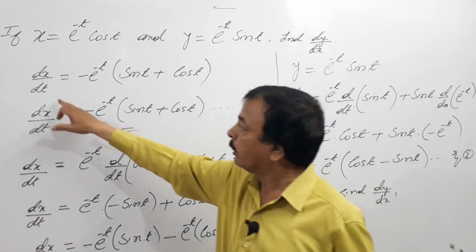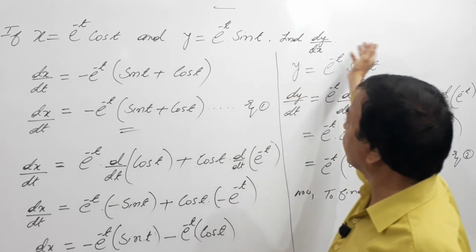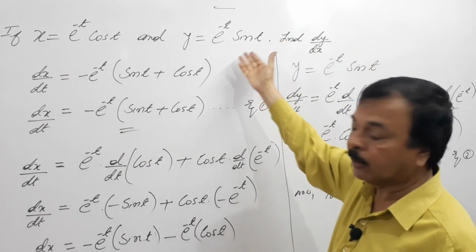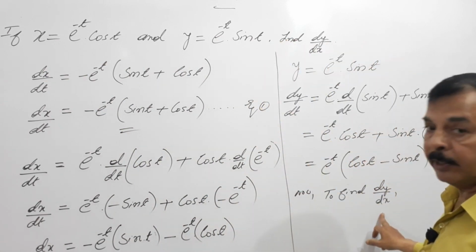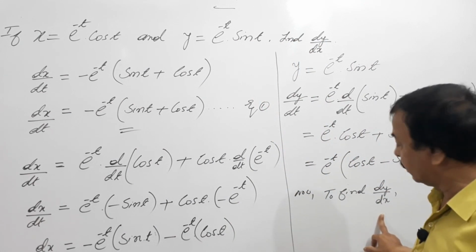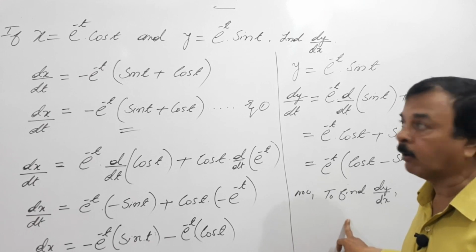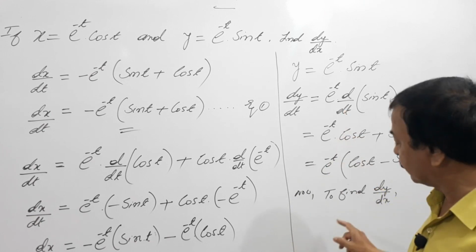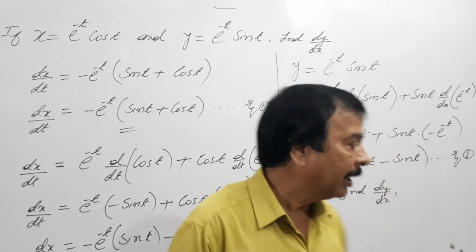So look at this, you have x as a different function, you also have y as a different function. In order to get dy by dx, you have to use the chain rule. Please have it in your mind. So to find a solution for a parametric function, you have to use the chain rule. And what the chain rule is, I'll teach you.